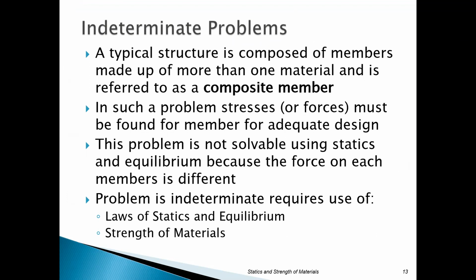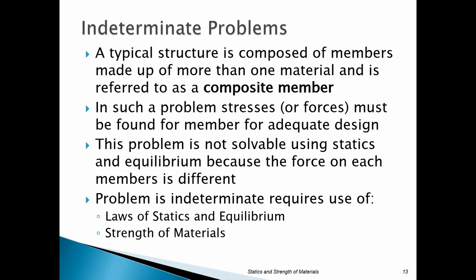These are going to have to be found in such a way that it's adequate for both materials, I should say, in the same member. So that becomes a different problem. And these problems are not solvable using statics and equilibrium alone, because the force that develops in each material is going to be different, depending on what's going on there.